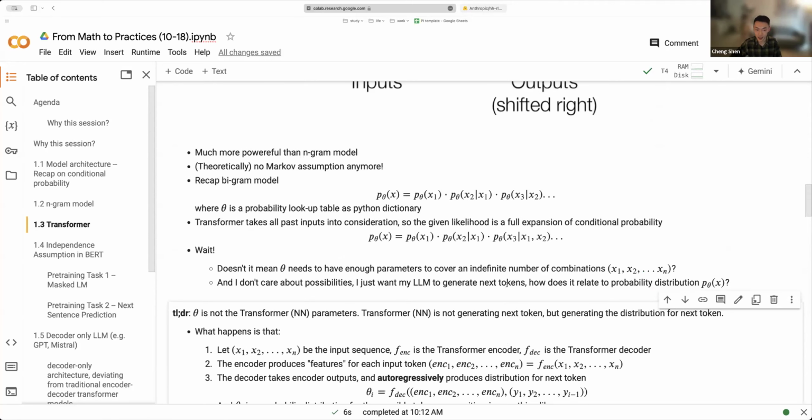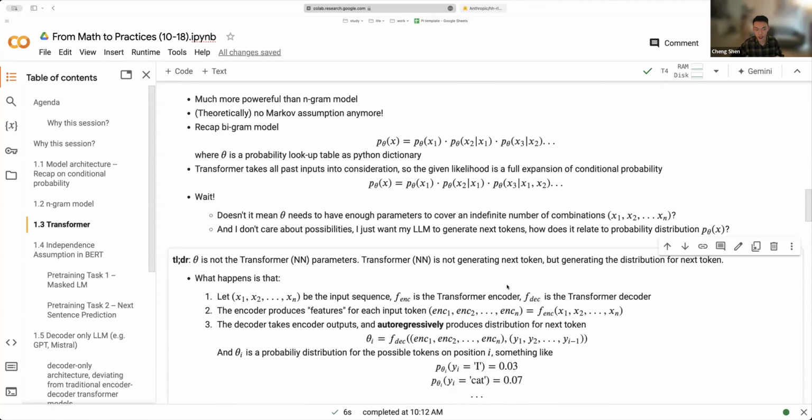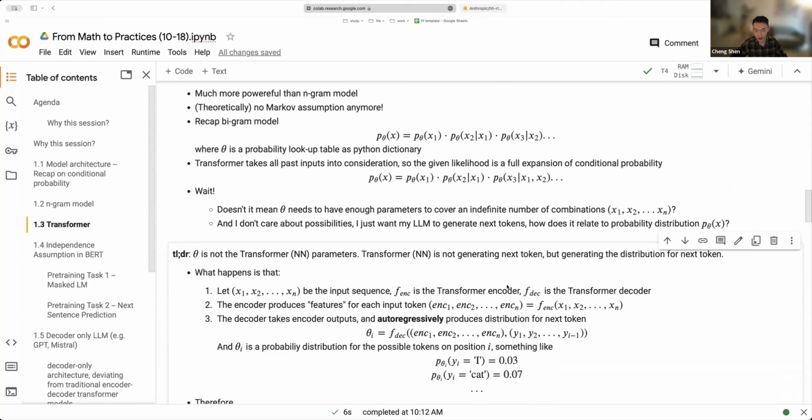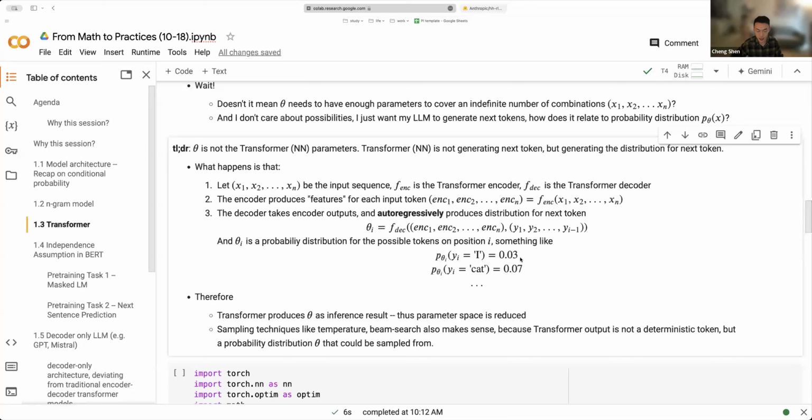So in a sense, the transformer and the n-gram models are pretty similar. They are autoregressive, but instead of using a fixed lookup table to track the probability of the next token, we have the transformer, which can take a longer input sequence. And in the transformer, we have the attention mechanism, where the probability of the next word can adaptively take the previous tokens into consideration.